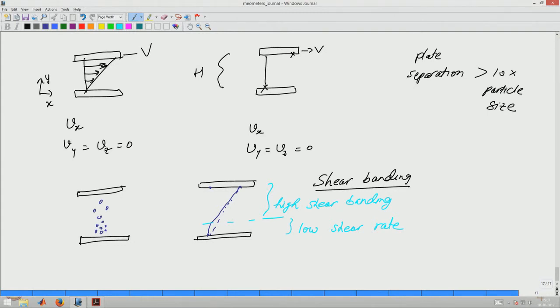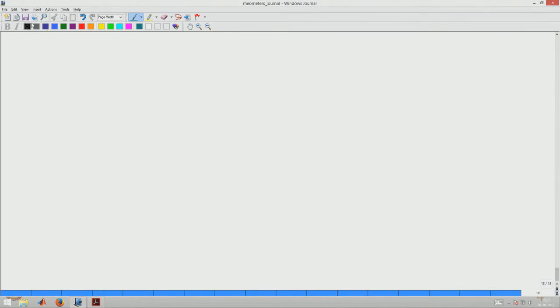The best way to look at this is through flow visualization, and again in this case what we can do is take the overall material of interest and put in one small set of particles, and using laser and scattering we can follow how these particles are moving.